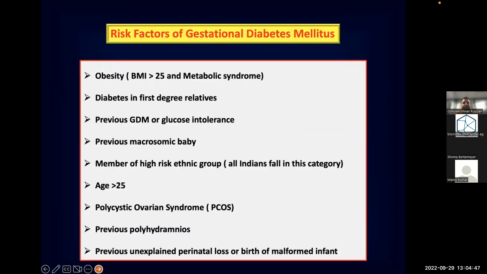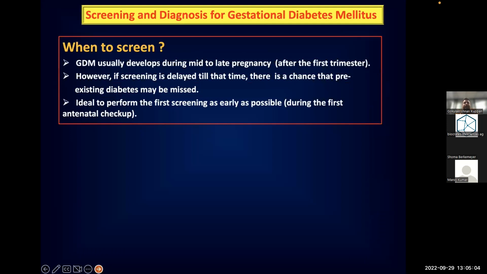What are the risk factors for GDM? They include obesity or diabetes in first degree relatives, previous history of GDM, any macrosomic baby, high risk ethnic group, age, PCOS, and so on. When to screen for GDM?